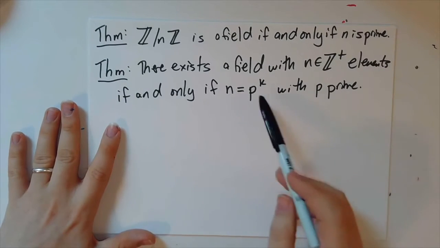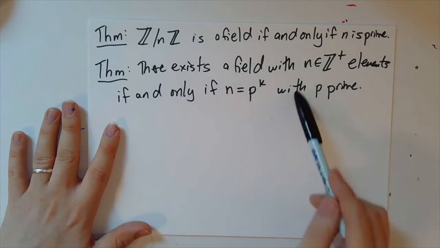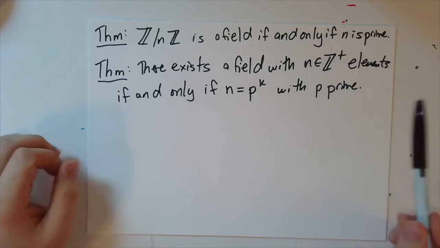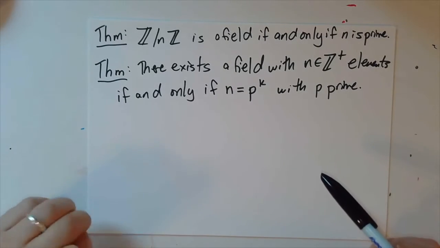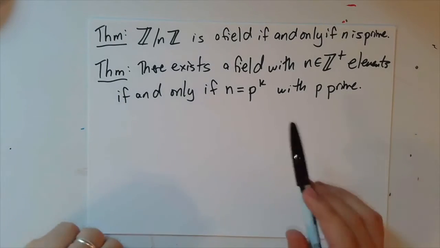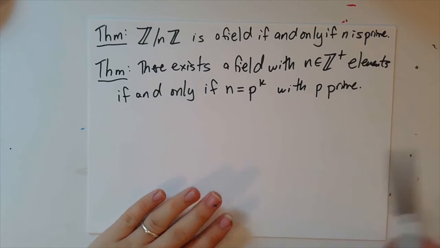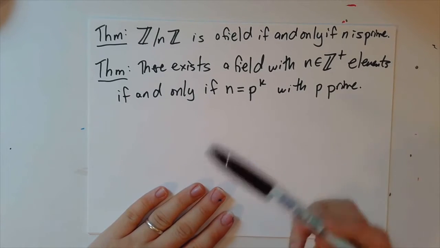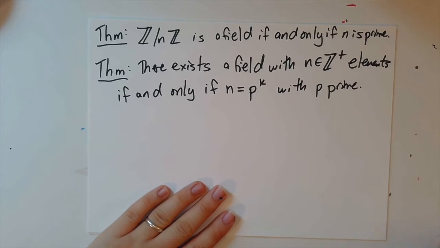Namely, we're going to see this hypothesis about prime powers occurring, but it's not exactly going to be on the combinatoric side of things. You'll see what I mean when we get there. But anyway, just know you can produce a field with n elements if n is a prime power. It's well known how to do it.